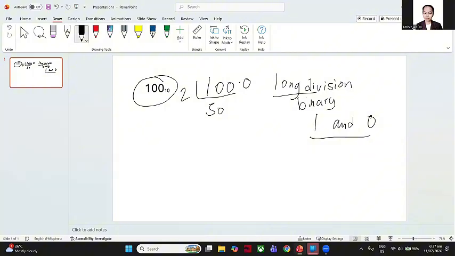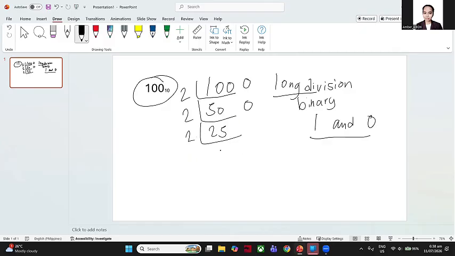We put our remainder here until we reach 1. Another 2, which gives 25. There's no remainder, so 0.